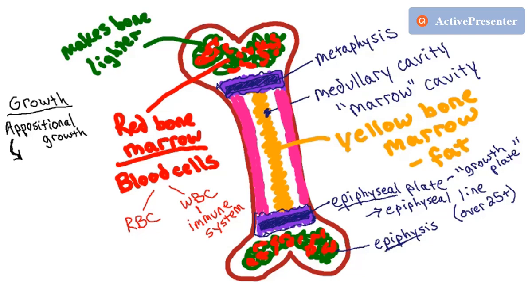Also when you're growing up, when your bones are getting fatter and wider, they grow from the outside. They just keep adding layers of compact bone around and around and around the shaft, the diaphysis of the bone.